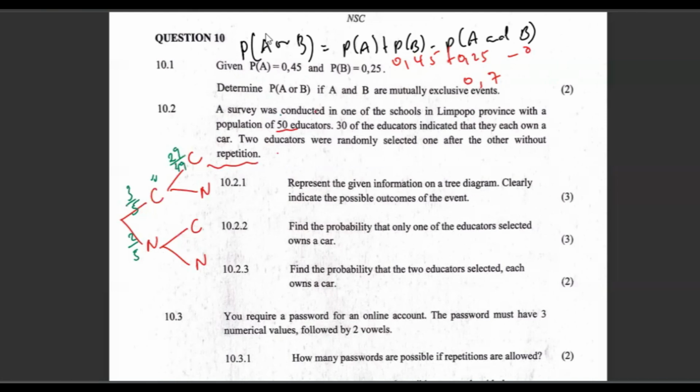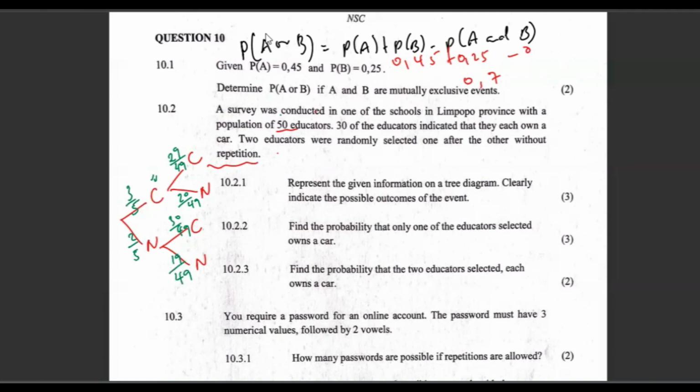Then for those that don't have cars, it will still be 20 over 49. If the first educator chosen had no car, then those that have cars will be 30 over 49, and then this is going to be 19 over 49.